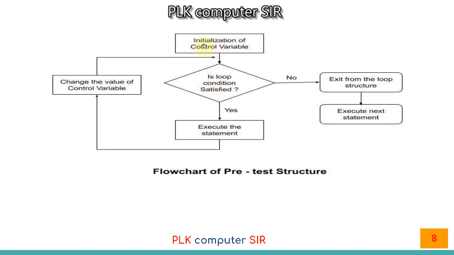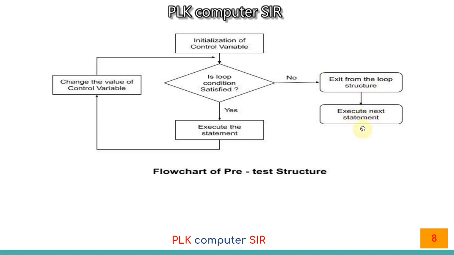condition. If initialization is smaller and condition is bigger, there will be an increase. Or if initialization is big and condition is small, at that time it changes the value of the control variable by decreasing. Okay, so it will keep iterating until the condition is true. When the condition goes false, if the condition is not satisfied, then it exits from the loop structure and executes the next statement.